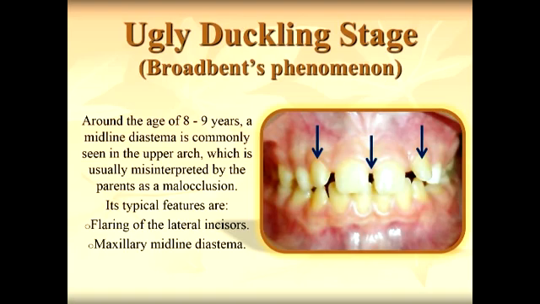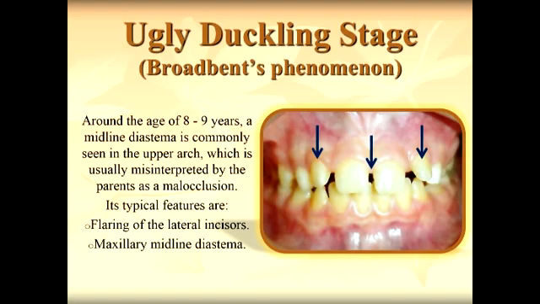Around the age of 8 to 9 years old, a midline diastema is commonly seen in the upper arch, which is usually misinterpreted by the parents as a malocclusion.